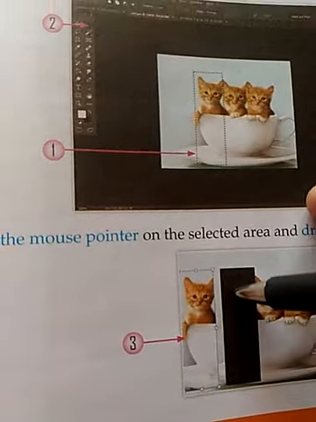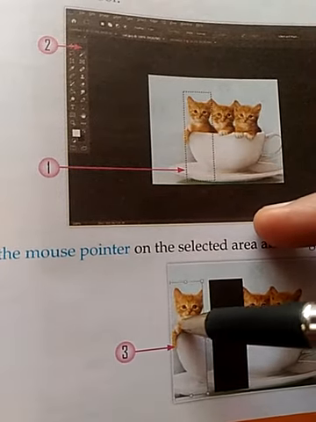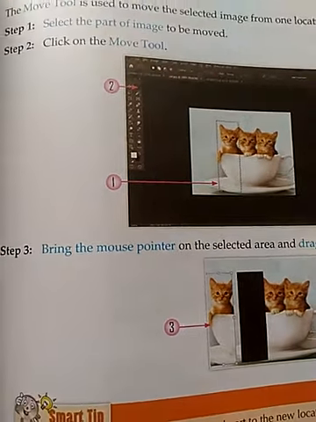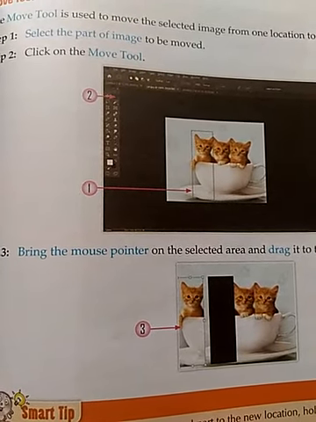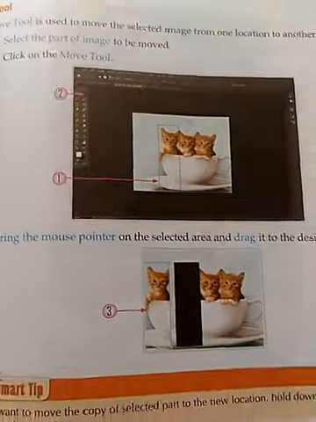Like here, we have selected it and we have moved to that particular place. So in this way, it will help you to move the selected portion in an image.